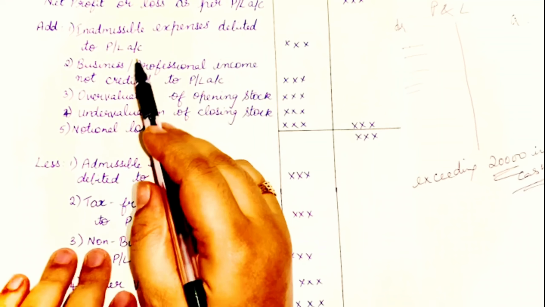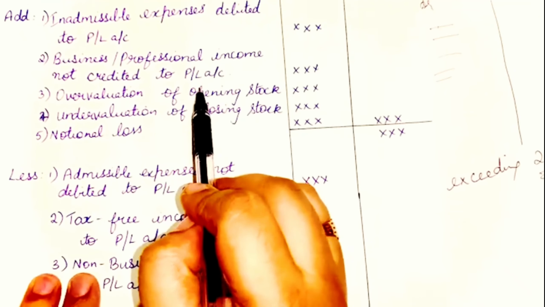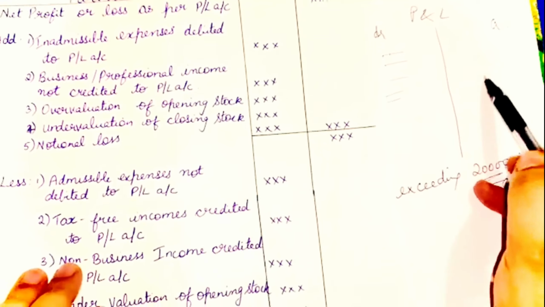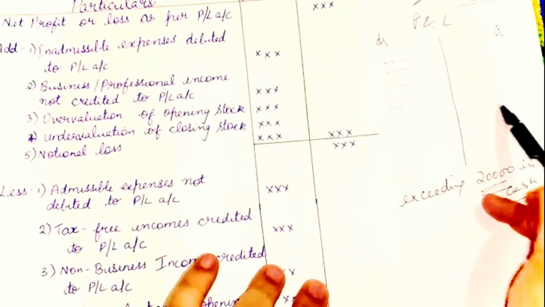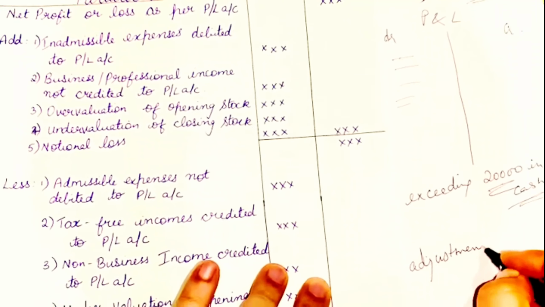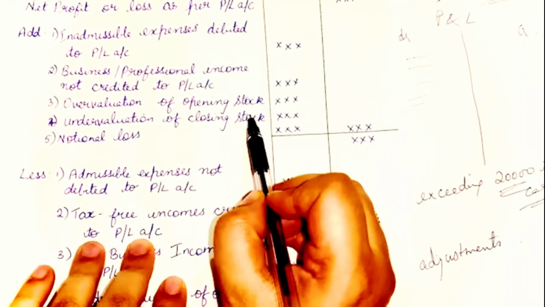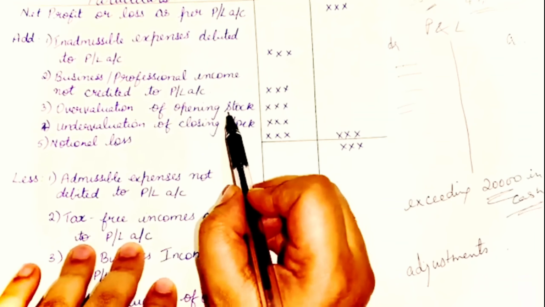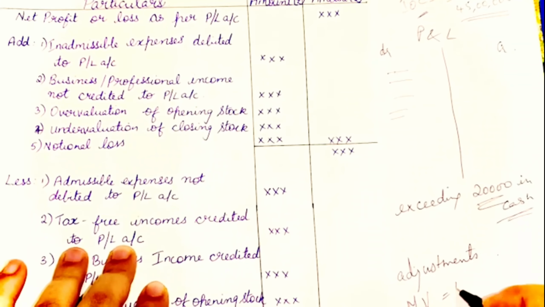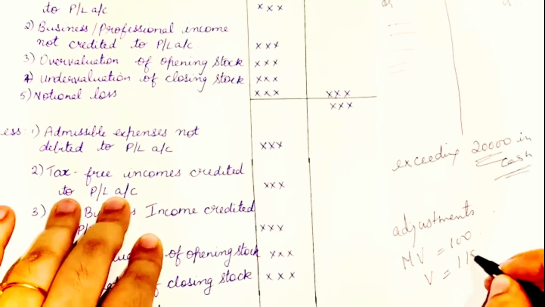Now, the next item we have is business or professional income not credited to P&L account, which means that these are items which will not appear on the credit side of P&L account. But when you're doing illustrations, they will be shown under the adjustments. Okay, the next, overvaluation of opening stock. This will be given in the problem. Like if they tell the market value of the stock was around 100 rupees, but then it has been valued at 115 rupees.